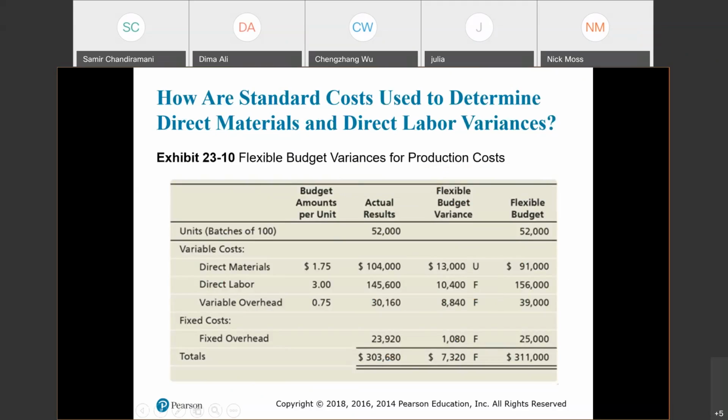You can see the company has a favorable variance in terms of variable overhead, $8,840 favorable.